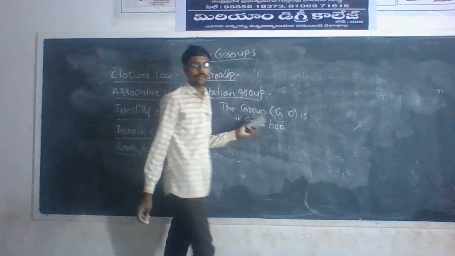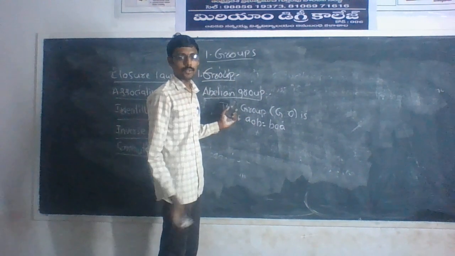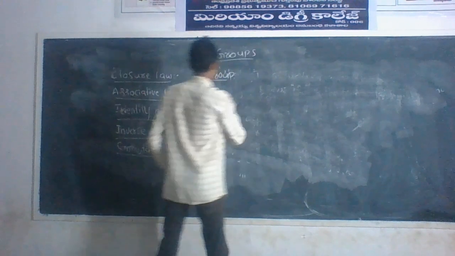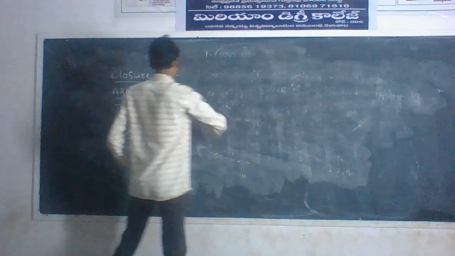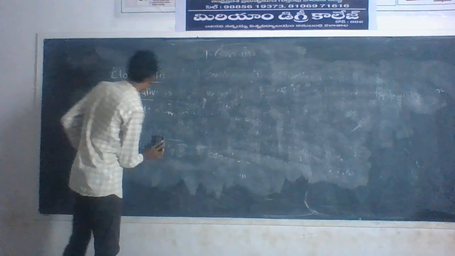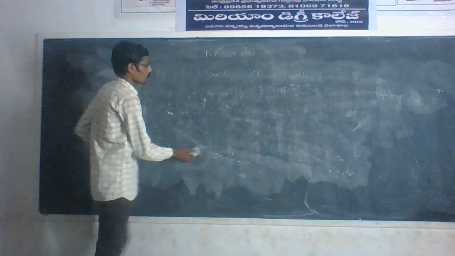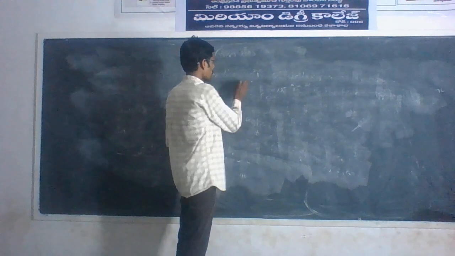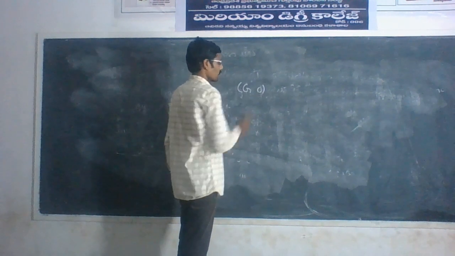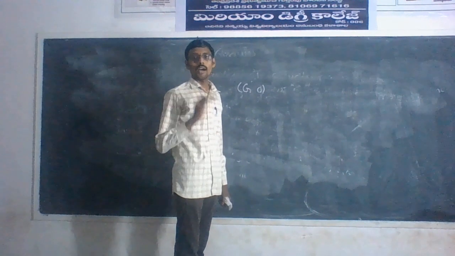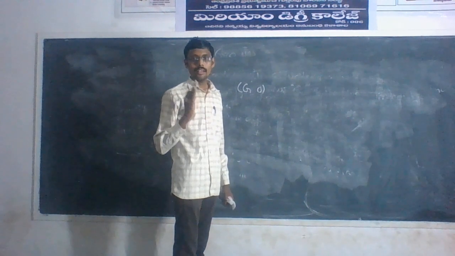It is also called a commutative group. Group definition: (G, circle) satisfies the four properties: closure, associative, identity, inverse.